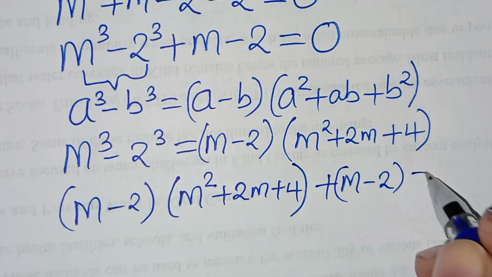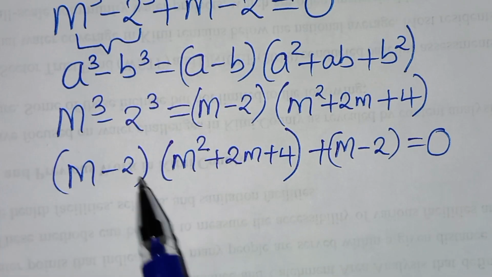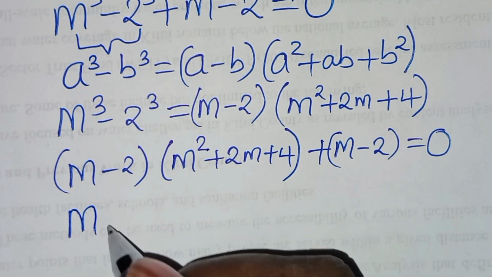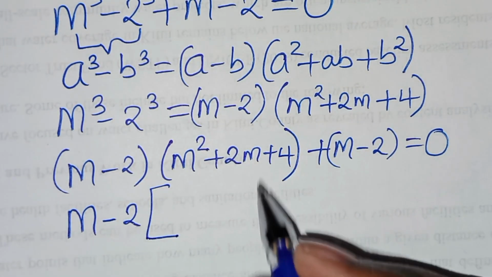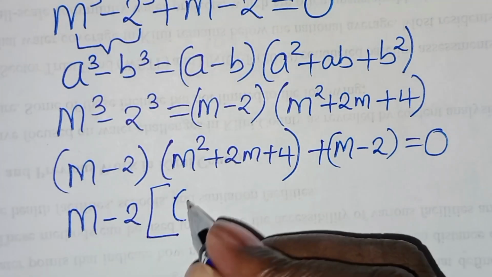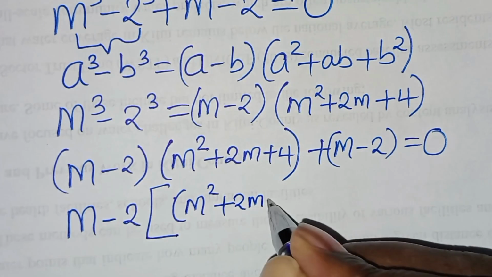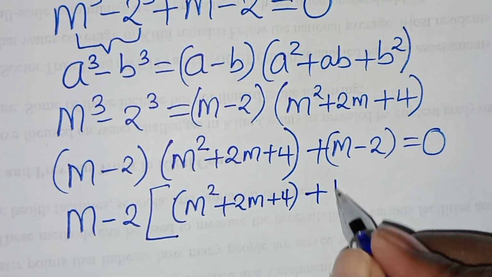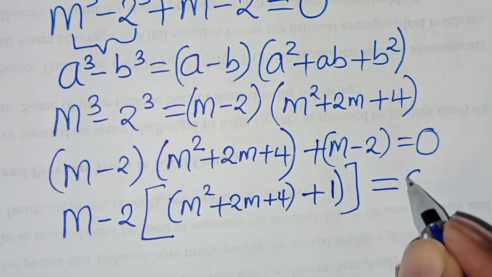Now, this is equal to 0. m minus 2 is common, so we can factor out m minus 2. So that in the parentheses here, we have m squared plus 2m plus 4, then plus 1, close the bracket. This is equal to 0.